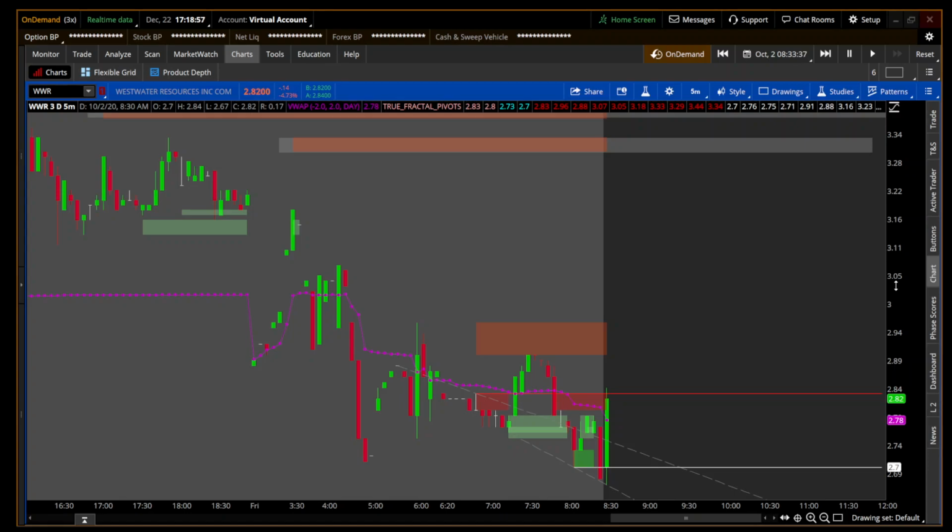The original study was one by Mobius, but I took it and I created the supply and demand zone, or the fractal pivots, true fractal pivot study.